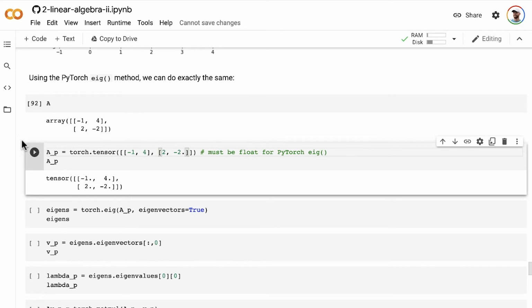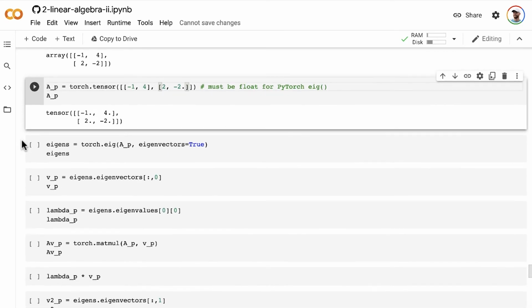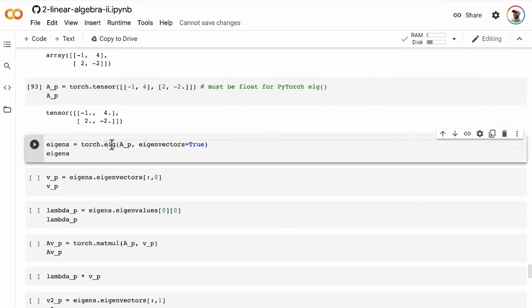Other than that, things are pretty straightforward. So we have the torch Eig method. We pass in our PyTorch tensor, our PyTorch matrix A. And unlike in NumPy, in PyTorch, eigenvectors are not output automatically by default, so we need to set eigenvectors to true.